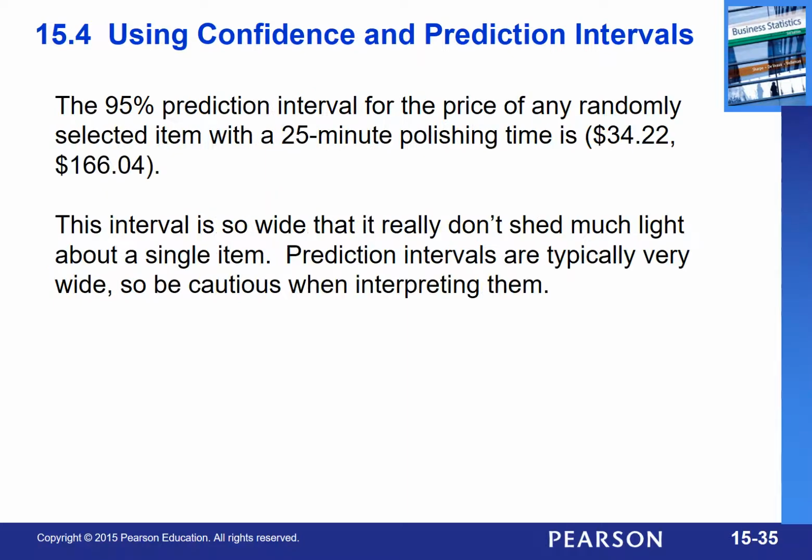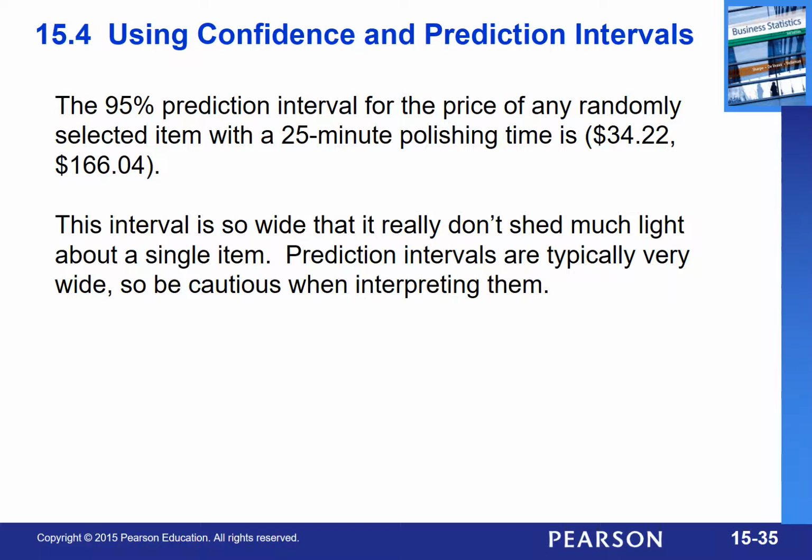Okay. Now, if you form the prediction interval, so using those formulas I just showed you 2 slides ago, you actually get between $34.22 and $116.04. So this interval is super wide. Why is it so wide? Because it's not what's going on for a single item that you're trying to sell. It's going for all the possible values you could see for all the possible items.